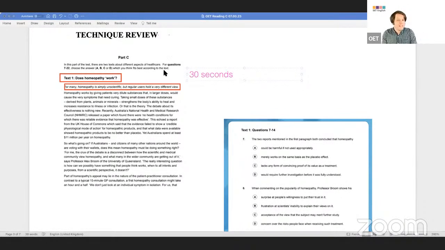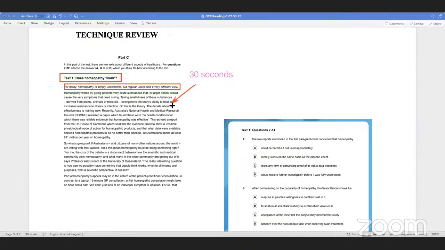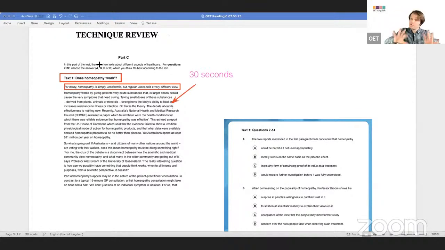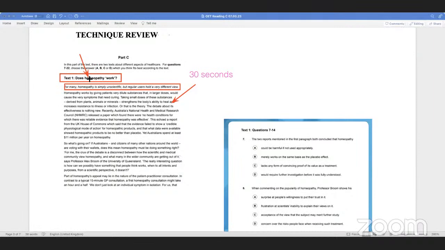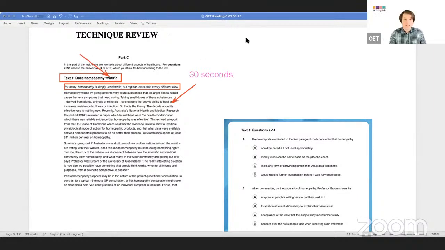Thinking about what is this text about? Main idea. Very general, Sultan, the main idea. So here, guys, what's the main idea of this text? About homeopathy. And does it work? So it's a bit challenging, skeptical, right? Maybe we don't believe it works.